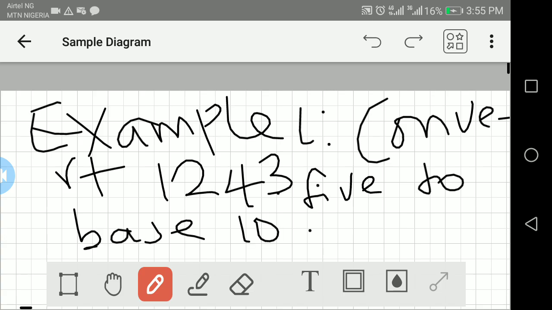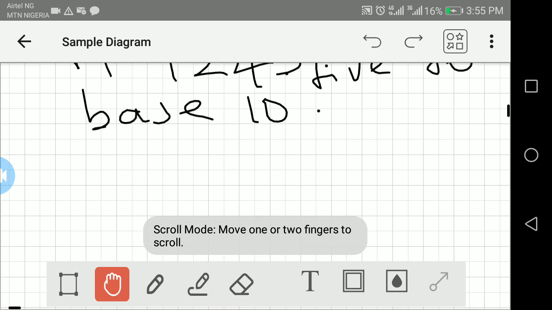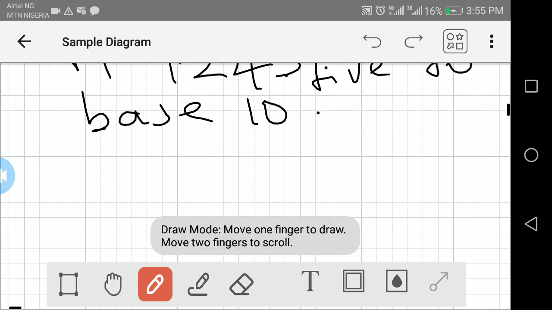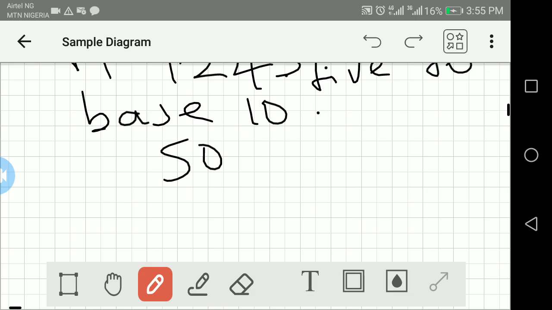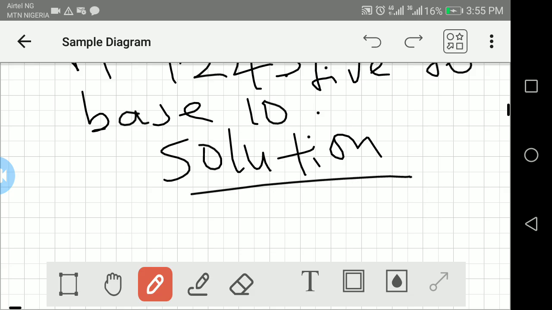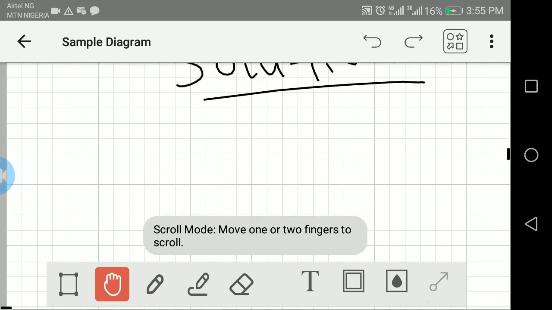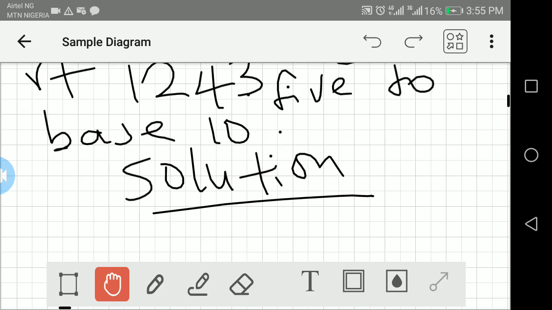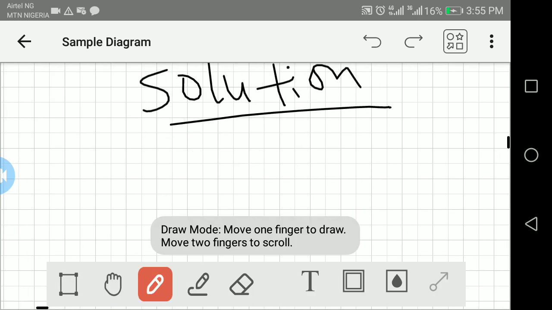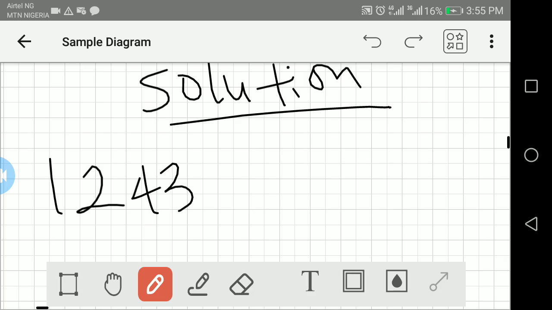I will shift it so that we can have space to write. All right, so let's carry on. Solution: 1243 base 5 is equal to, so you come to the number, then let's sort out the powers.